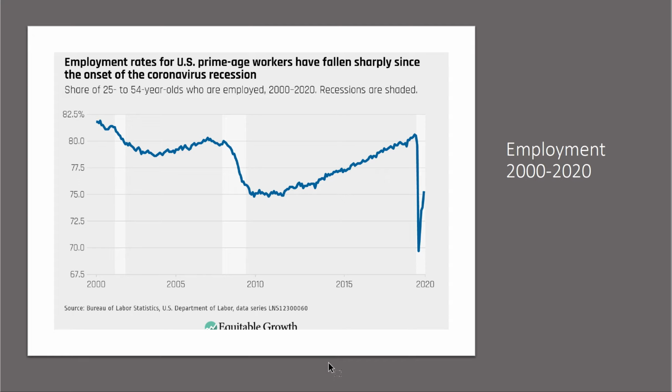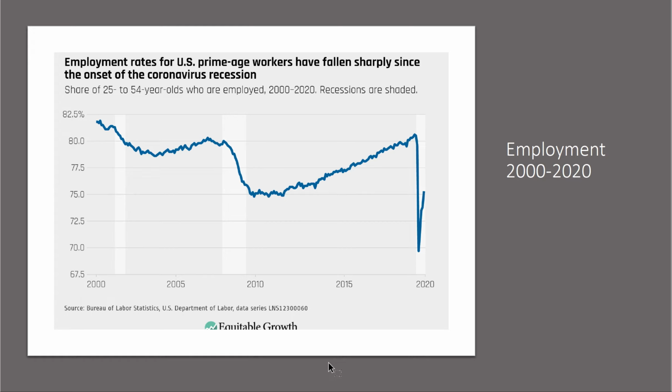And you can see then with Obama and with Trump, the steady increase in employment up until 2020, where we had one of the biggest significant drops in employment that we've seen. Now we see it crawling back up again, but we're nowhere where we were. We're back to the levels of the Great Recession back in 2008.